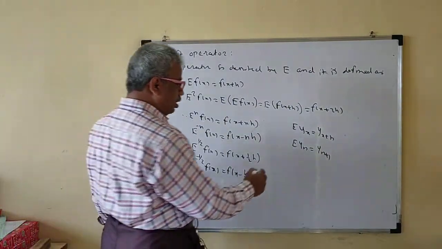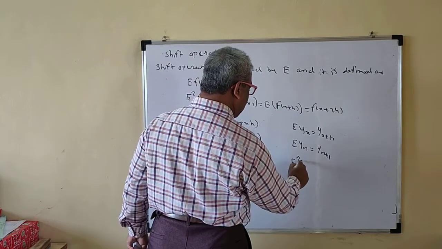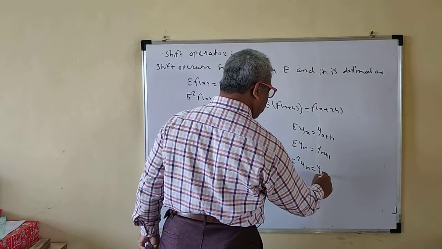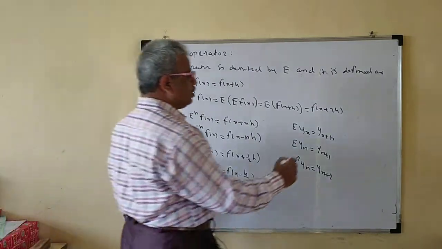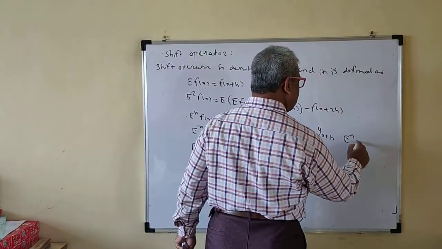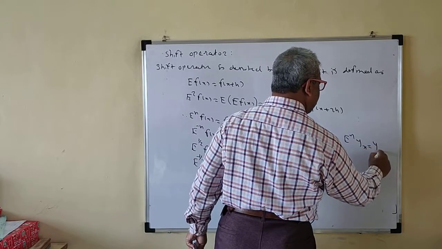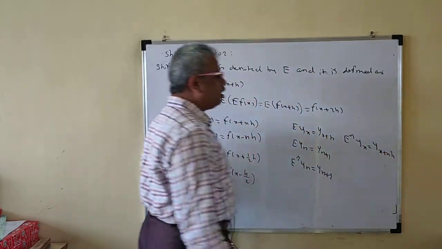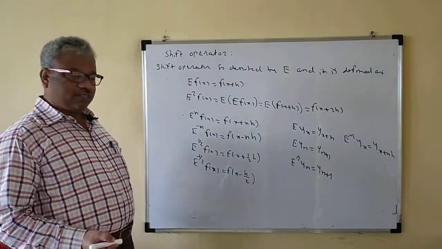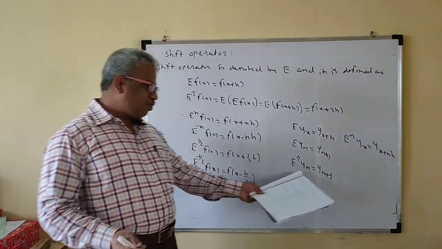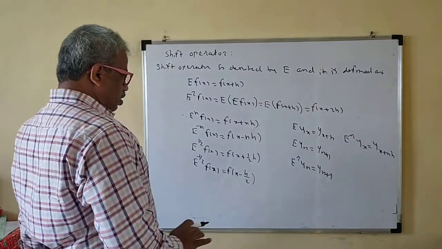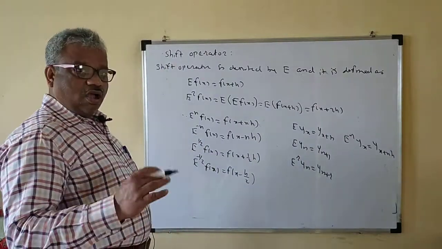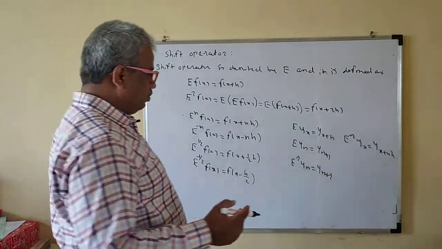Okay, and E raised to r y n is equal to y n plus r. If it is in terms of x, E raised to n y x is nothing but y of x plus nh. In terms of x, you have to write x plus nh, but in terms of y n, you just write n plus r. Okay. So in this way you can operate E on y x or y n.